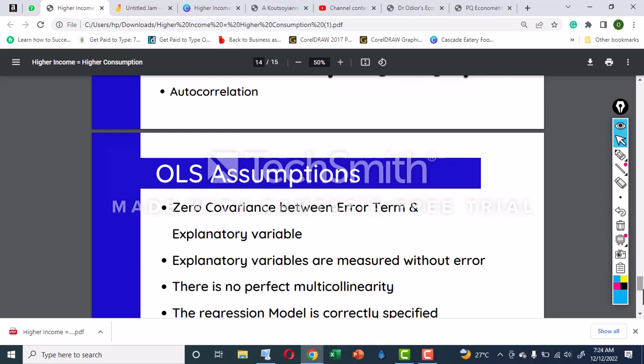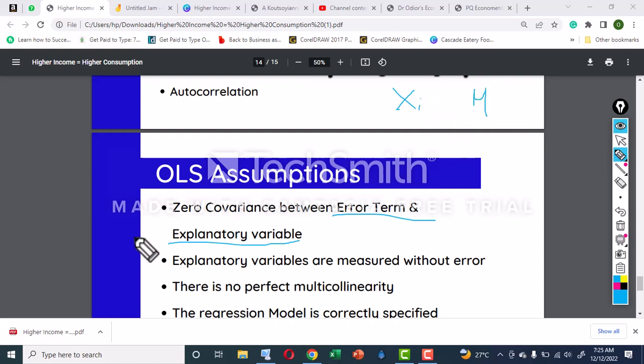It's trying to say that there shouldn't be a correlation or dependence relationship between a particular error term and the explanatory variable. That means the error term should not depend on the explanatory variable directly or indirectly. So the error term should stay on its own. If we have an explanatory variable x, it should not be determined by the error term mu.